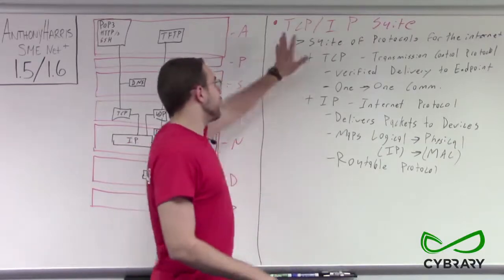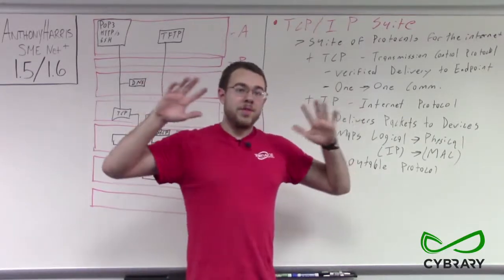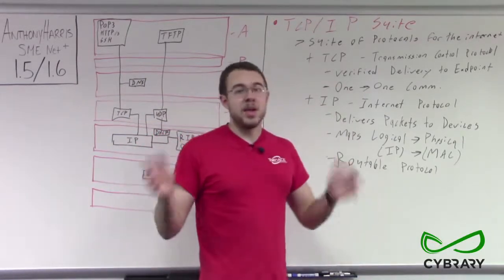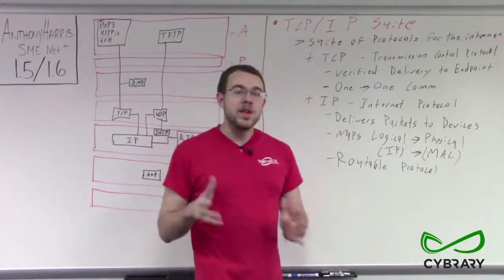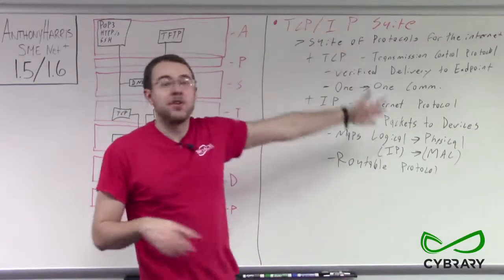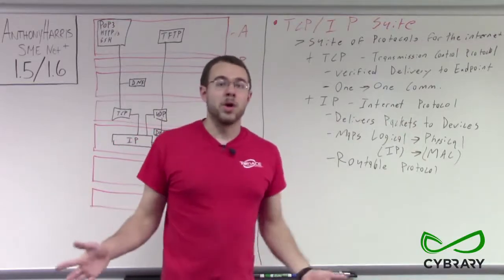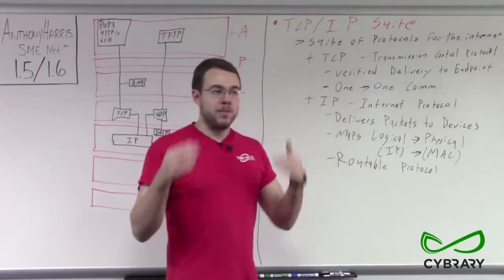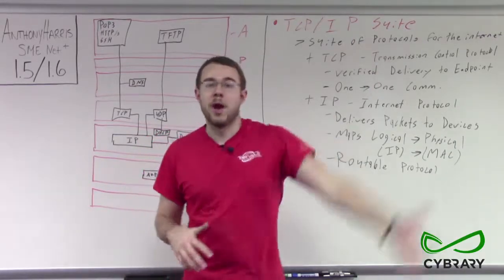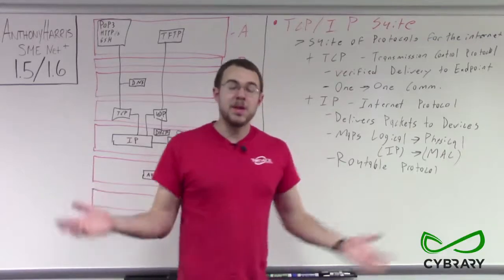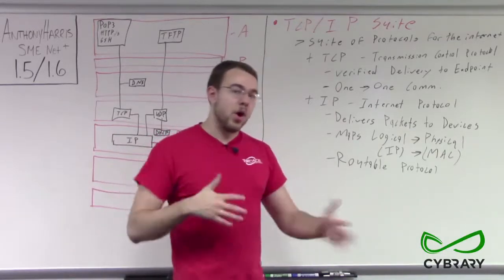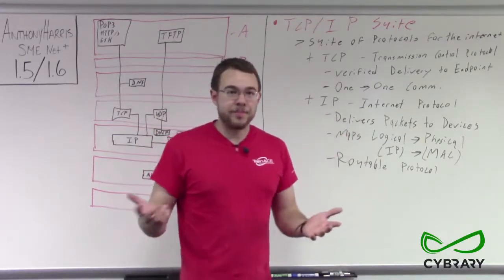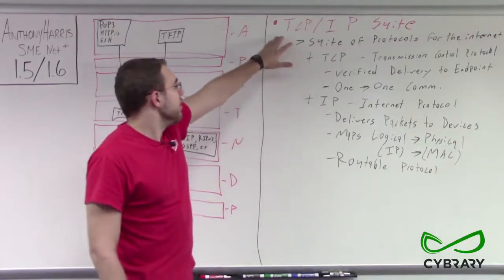The TCP/IP suite is all of the different protocols and ports and TCP or UDP protocols that we use in order to make up the internet, in order to make up networking, making it so that our computers can talk to another computer around the world. The TCP/IP suite is all of the different protocols and everything all applied together so that we can make those connections.